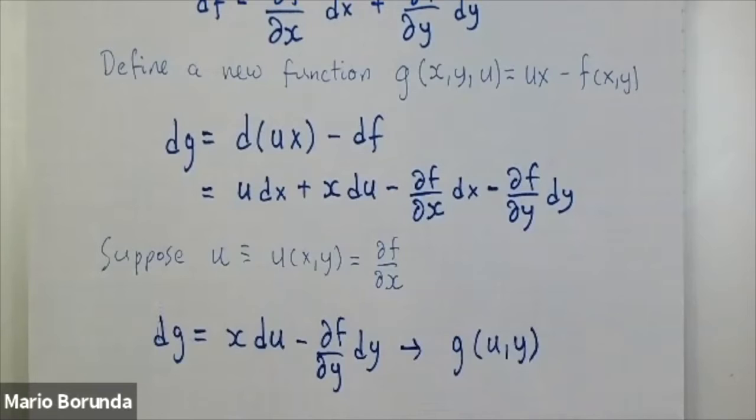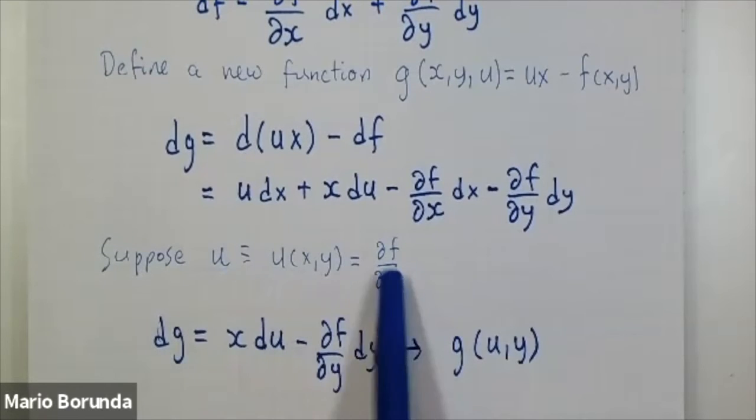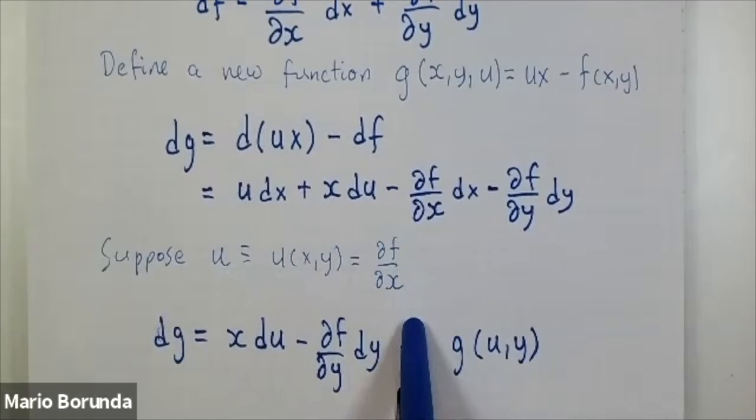And if we want to explicitly write g, what we need to do is just look at this and invert it, right? I know what u is, and u is related to the partial derivative of f with respect to x. So I can invert the relationship and get x.